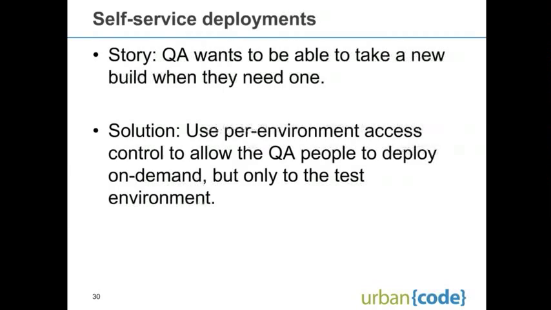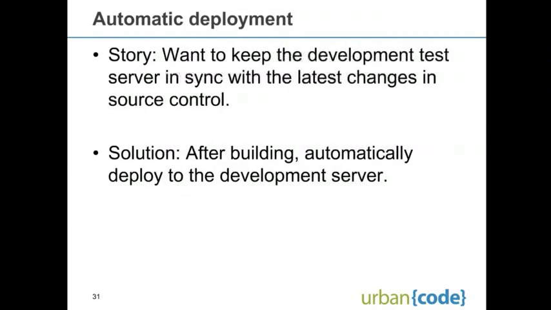Now, the next level beyond self-service is sometimes you just want things to happen automatically. This is the example we talked about, how very often the developers want to see their latest changes as quickly as possible so they can validate that the work they did works correctly.